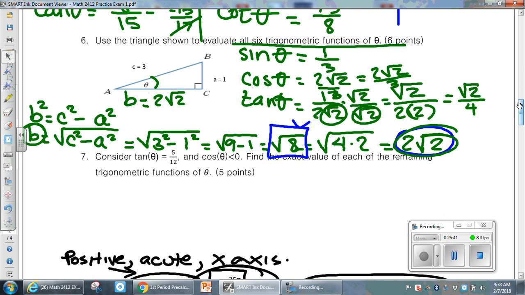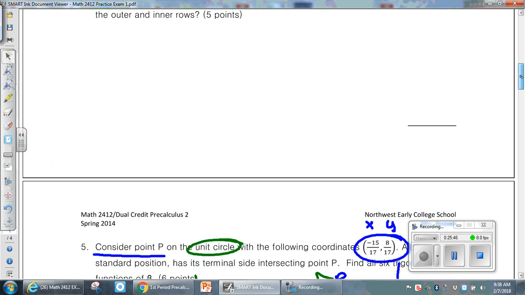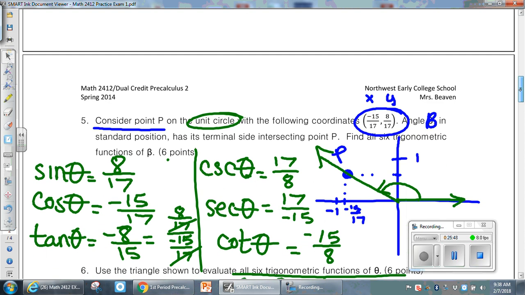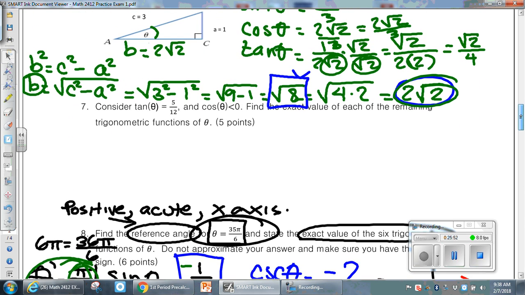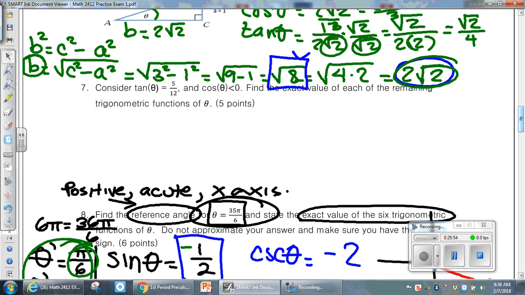Okay, now the next one. This one is different than the one where I give you a point that is on the unit circle. Okay? So for problem number 7, you have to read the question and use the information given. First of all, we're talking about a positive tangent and a negative cosine, right?